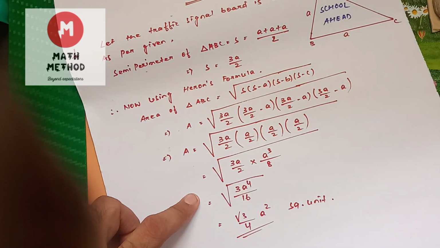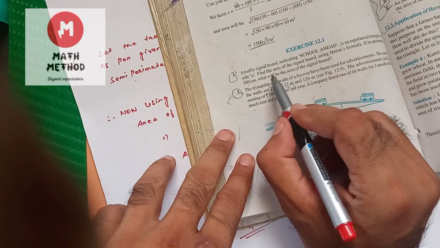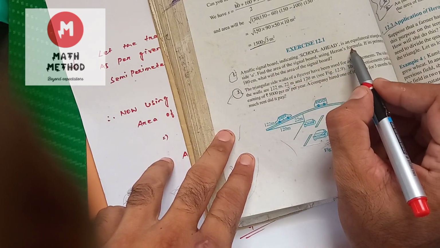This is our first answer, that is, find the area of the signal board using Heron's formula.